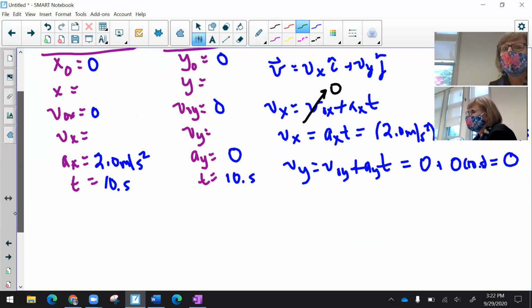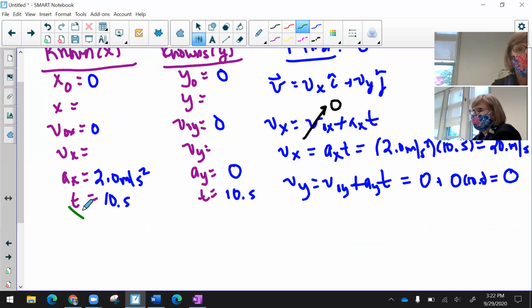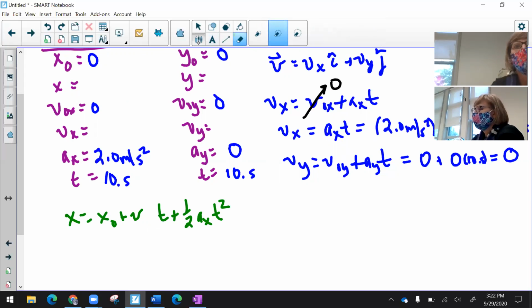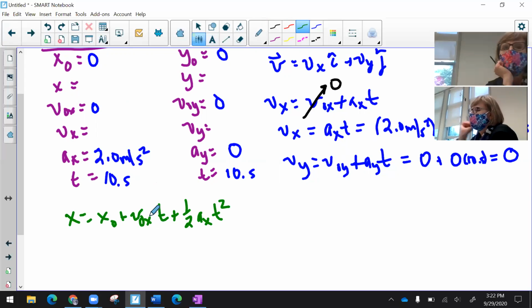If I want to find X, what equation am I going to use? Yep. X equals x0 plus v0x t plus 1/2 ax t squared. And we're pretty lucky.